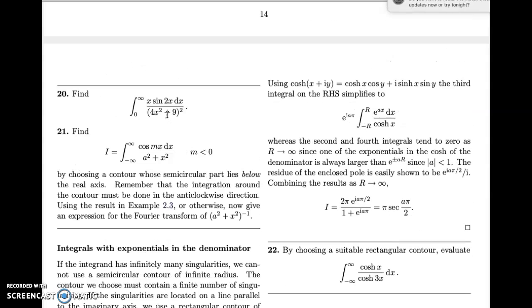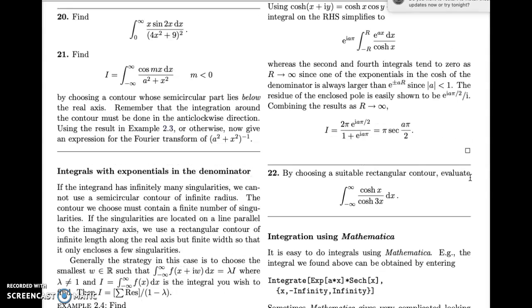So we just end up with e to the i a pi by 2 divided by i, and we want 2 pi i times that, and so that's where this thing comes from.